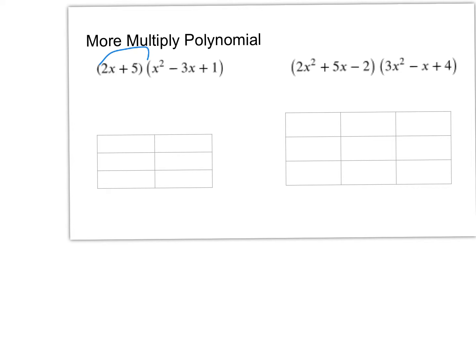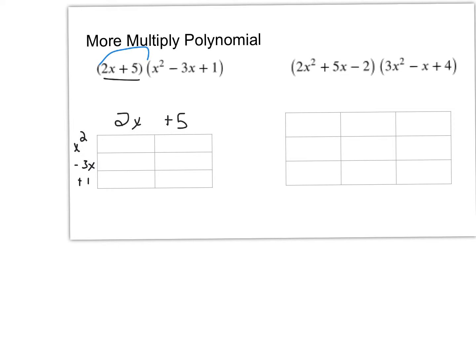And again, I'll demonstrate using more of the boxes for those students who need that kind of reinforcement. Okay, so let's start off. I'm going to have 2x plus 5 here. I'm going to have the x squared minus 3x plus 1, like so.